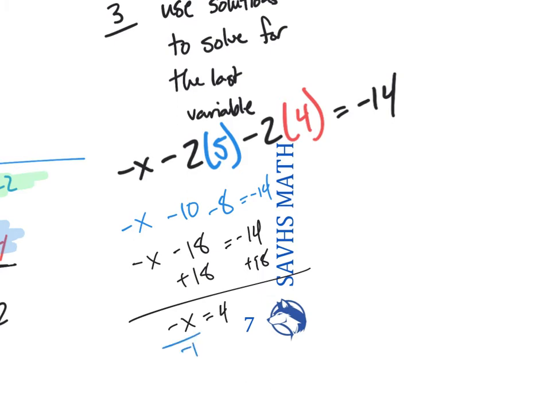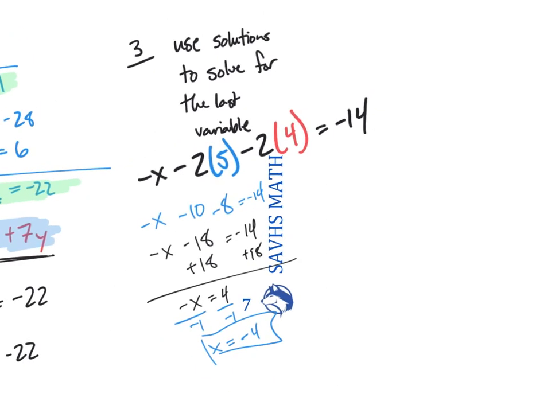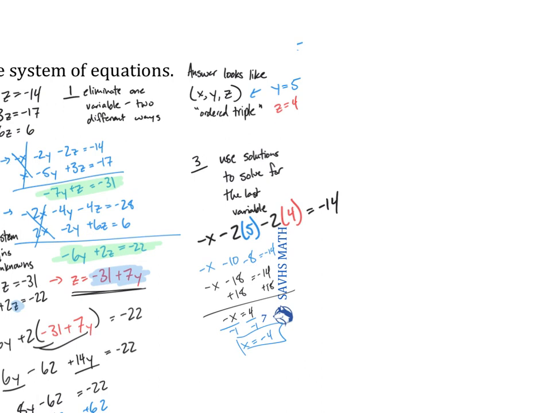Divide both sides by negative 1. I get x is negative 4. Hey, another answer. So my last answer is x is negative 4 here. My goal is to rewrite my answer as x, y, z, so I have to write it in that order. So my answer is negative 4, 5, 4.